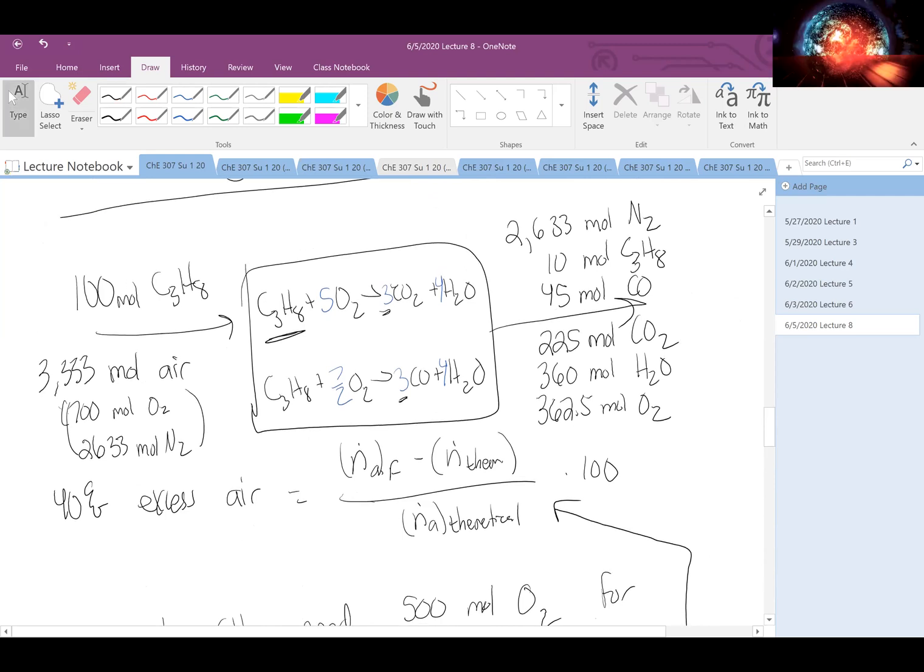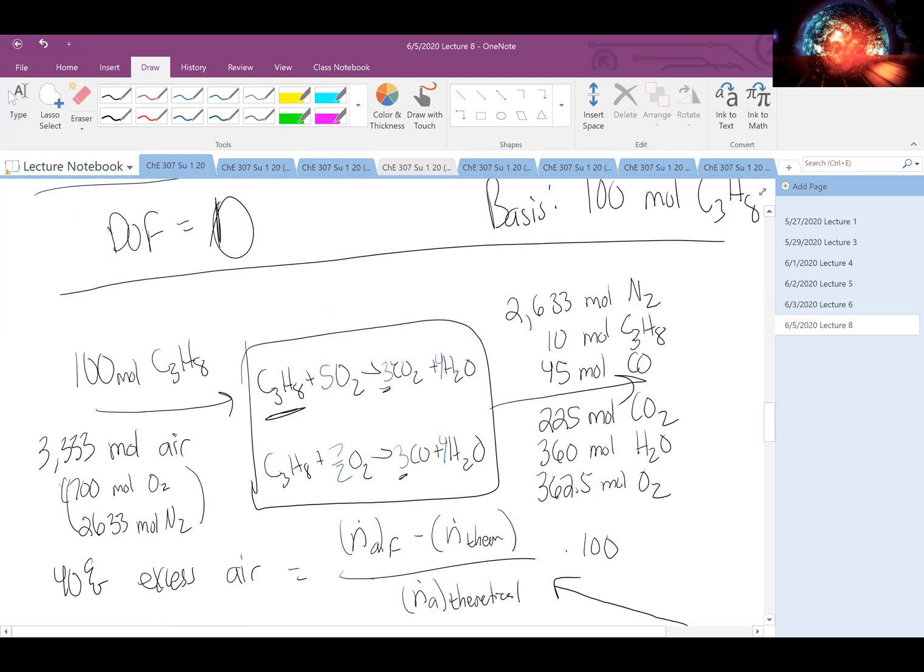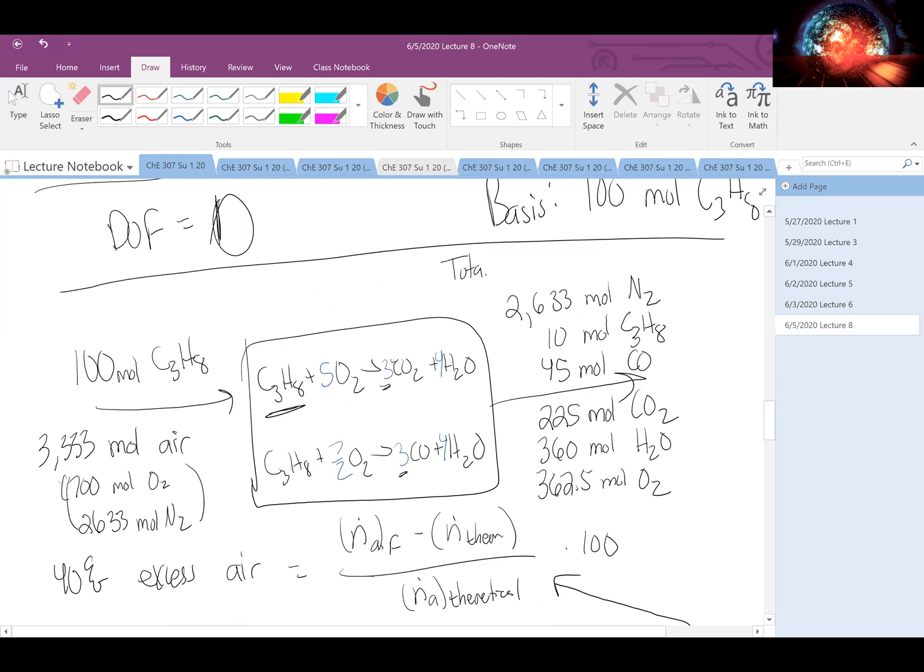Are there any questions on that now that I have essentially the molar composition with my basis figured out? So now with that in mind, I can add up and determine my total moles in my output, which I've got 3,635.5 moles.